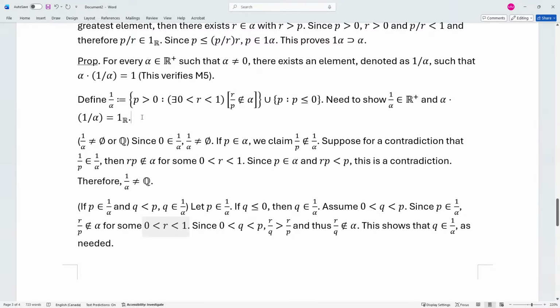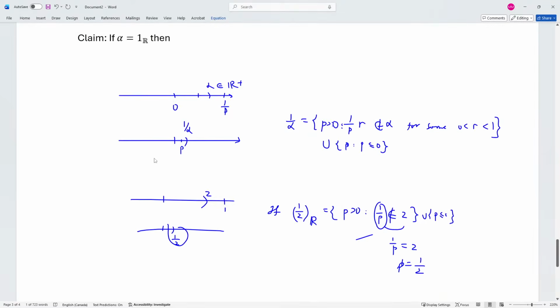Let's suppose there's no positive. If 1 over alpha has no positive in there, look at the picture.